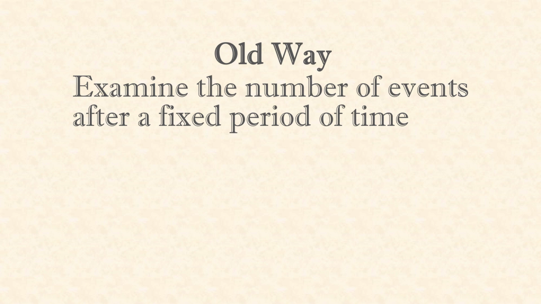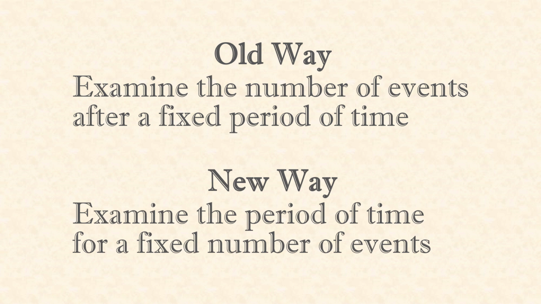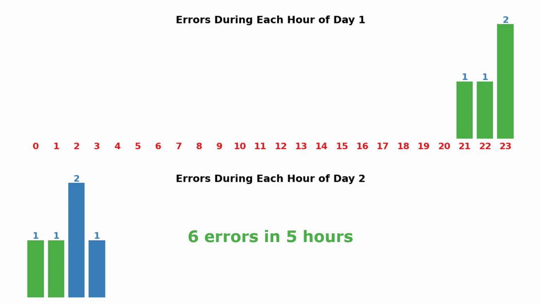Instead of examining the number of errors after a fixed period of time, like after 24 hours, we can examine the period of time it took for a fixed number of errors to occur. Our threshold is 6, so once there's been 6 errors, we can compute how long it took from the first error to the last and trigger an alert if it was less than 24 hours.